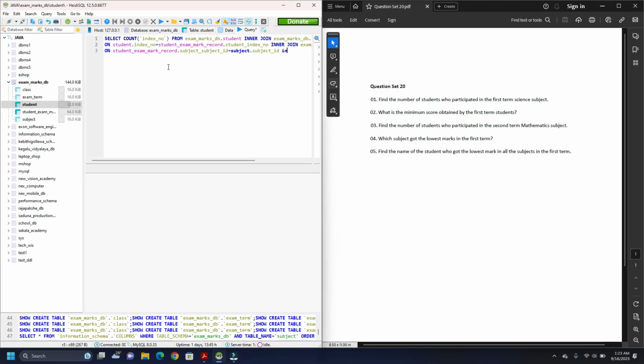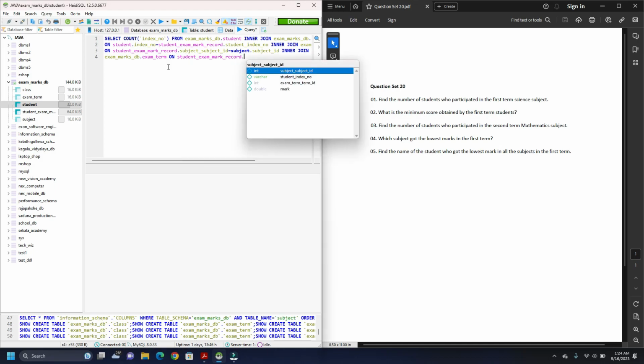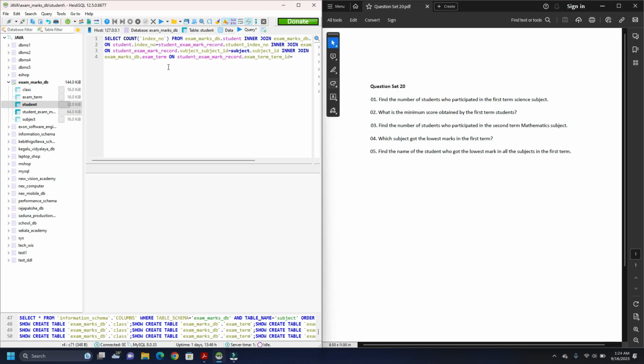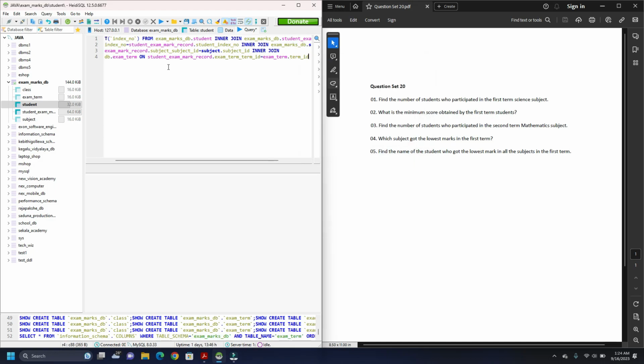And let's also inner join the exam term table and that joins the student exam mark record table on exam term ID and term ID from the exam term table.